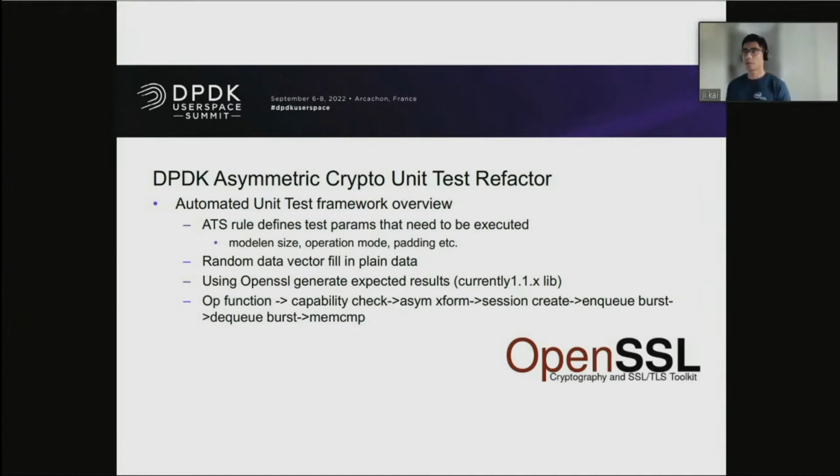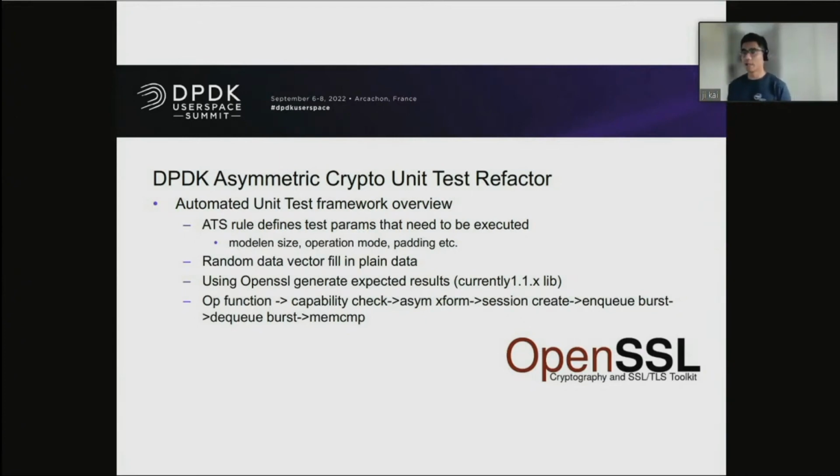We are also using a random number generator for input plain data generation and other required data if needed. Once we have a rule created and input data generated, we use OpenSSL to perform the same op and generate the exact result, stored into the input data result pointer.